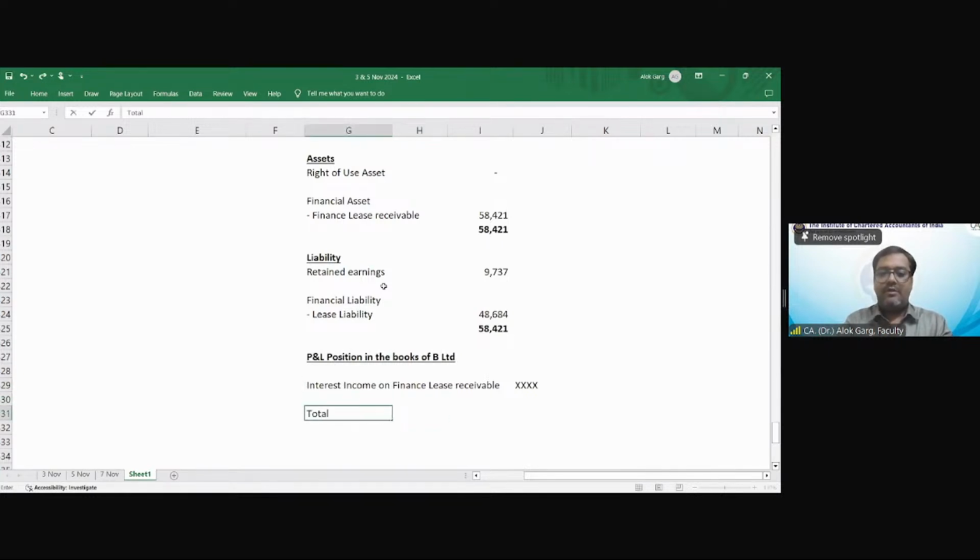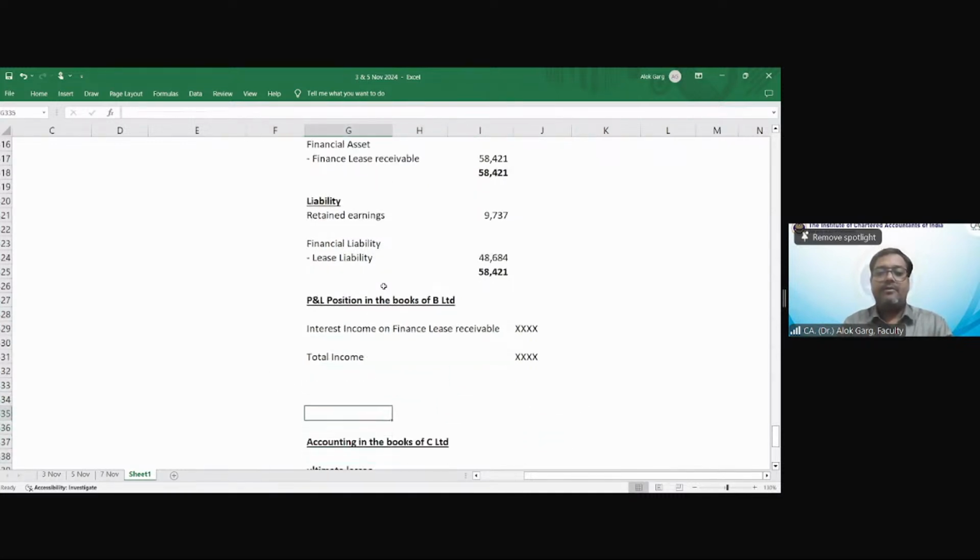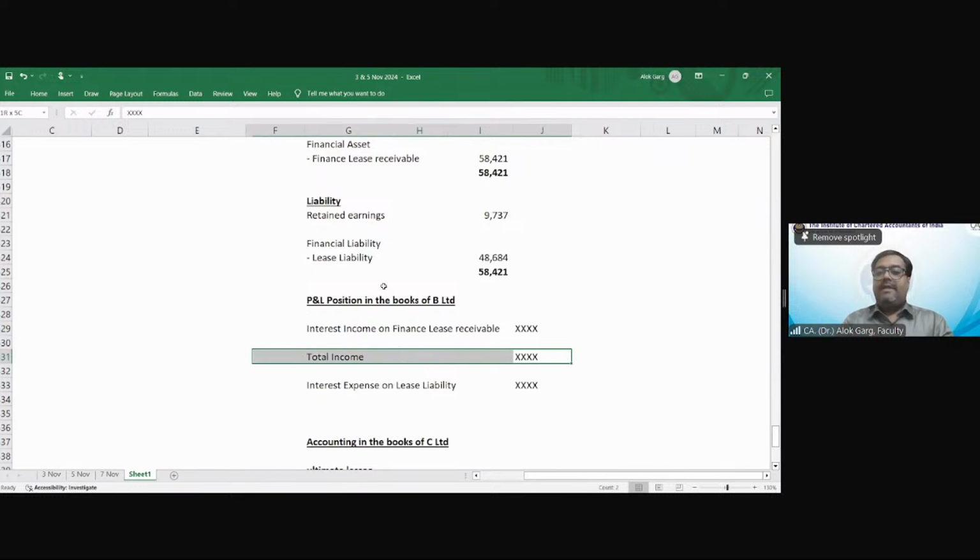This is your total income. Then your interest expense on lease liability. Correct? This is how this presentation will happen.